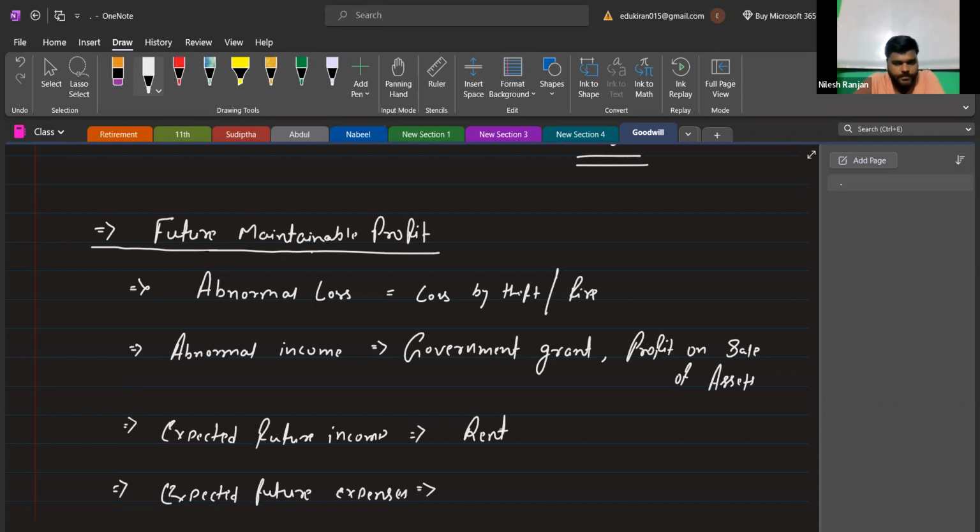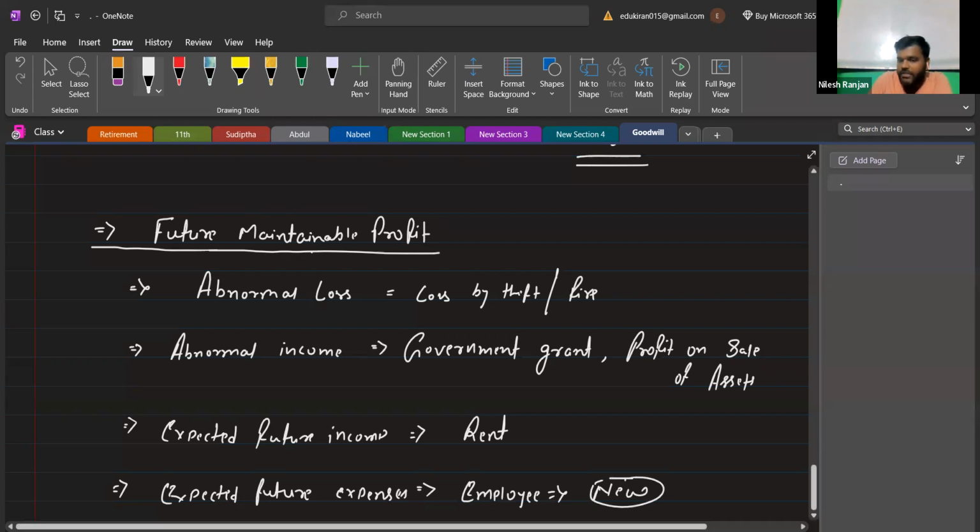Okay, sir. Now for expected future expenses, let's say we have hired a new manager or employee, not an old one, a new one. So now the salary expenses will increase from next year.